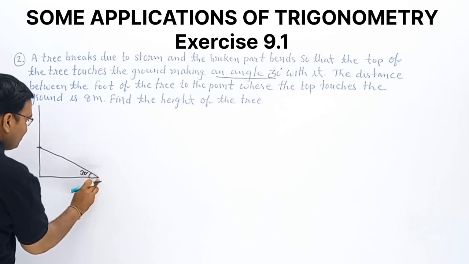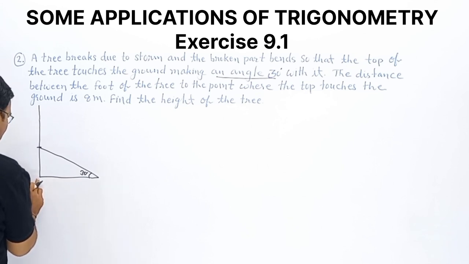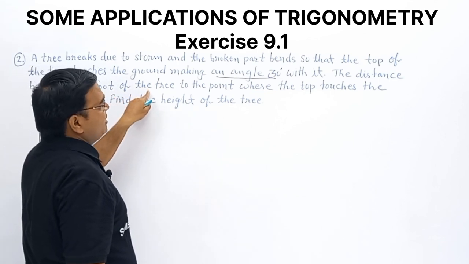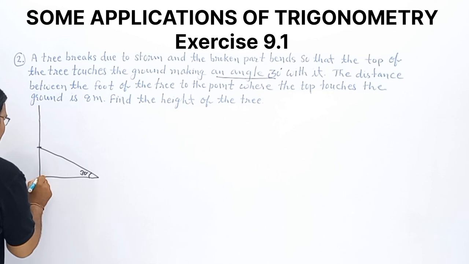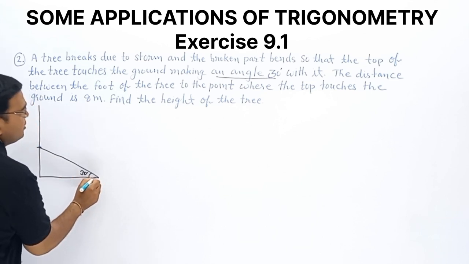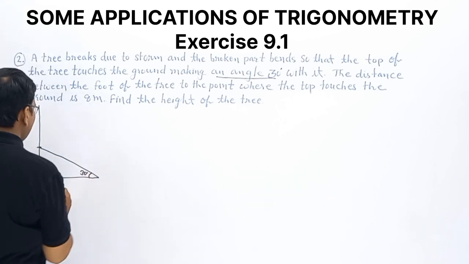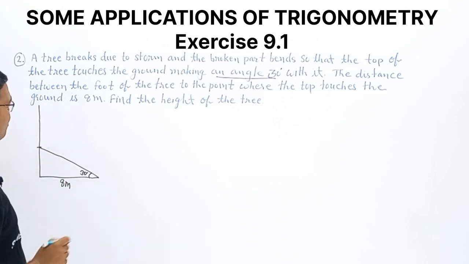The distance between the foot of the tree and the point where the top touches the ground is 8 meters. It means this one is 8 meters.